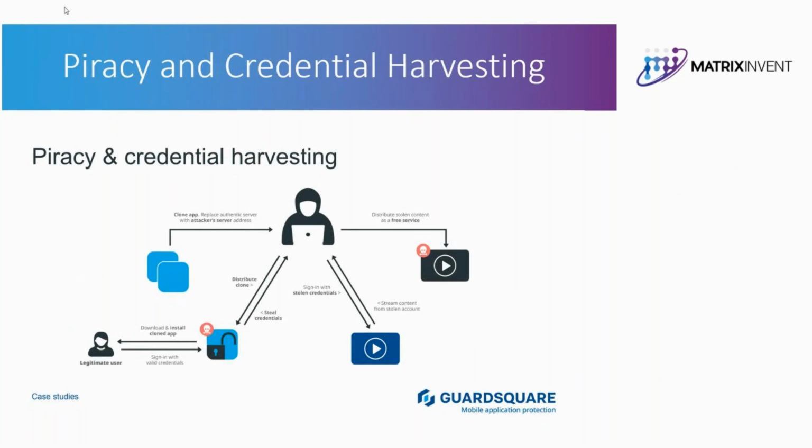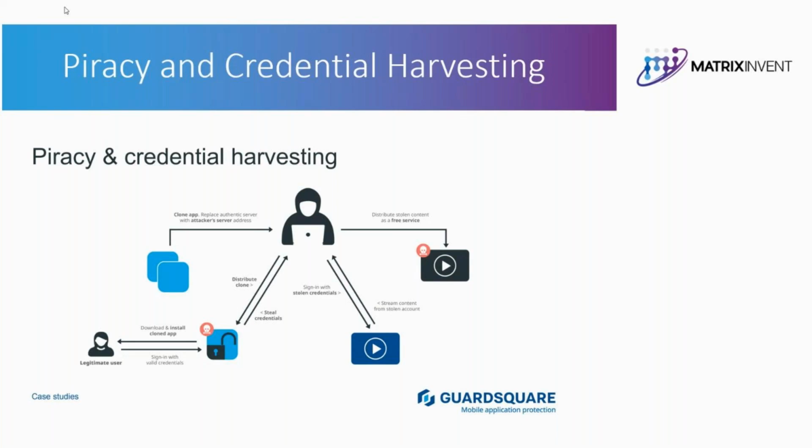So lastly is piracy and credential harvesting. If an attacker downloads an app, modifies and distributes it, they can send user credentials to their own backend server to steal the data or gain access to a service for free. In some cases, the hacker redistributes these credentials for profit.